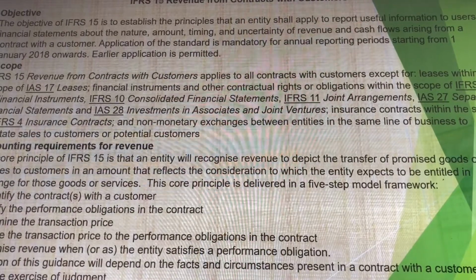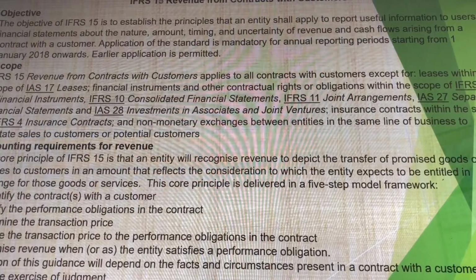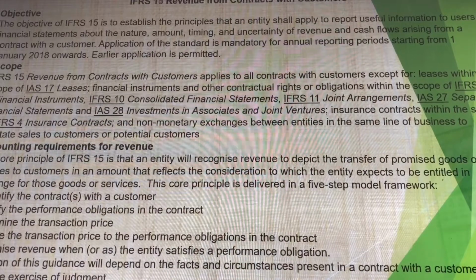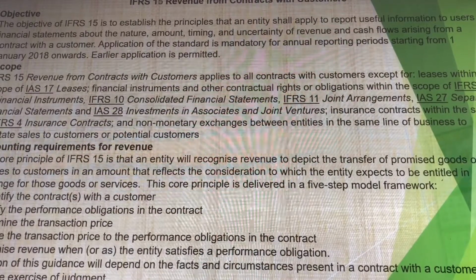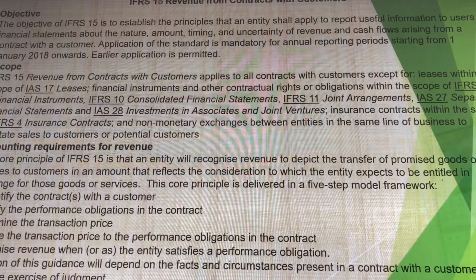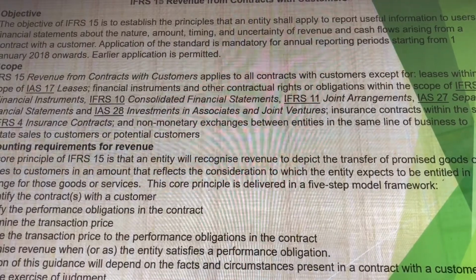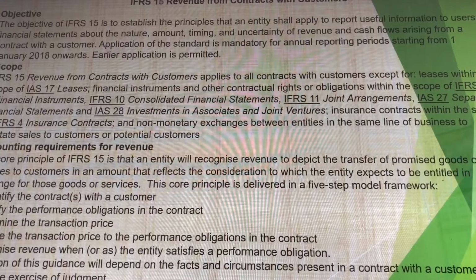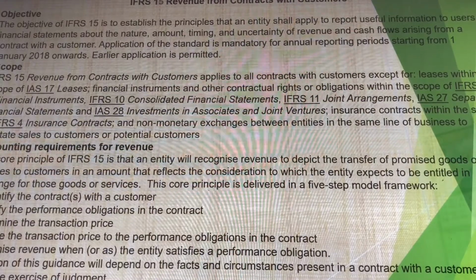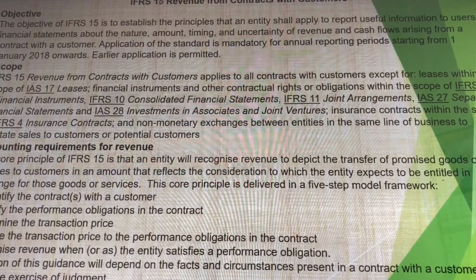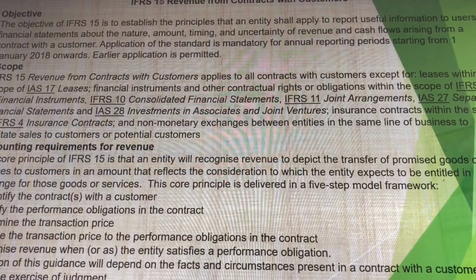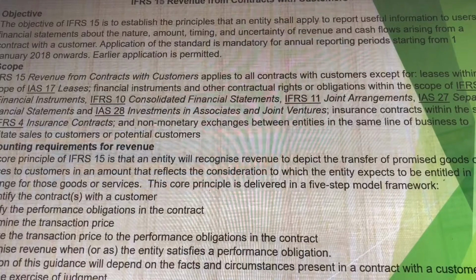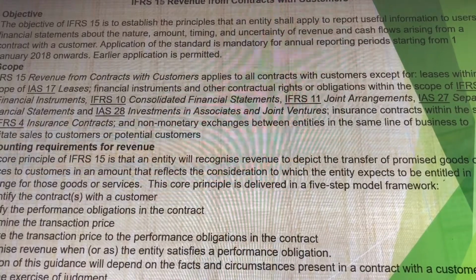Accounting requirement for revenue. The core principle of IFRS 15 is that an entity will recognize revenue to depict the transfer of promised goods or services to customers in an amount that reflects the consideration to which the entity expects to be entitled. So there are 5 core steps, a framework that we have to know.